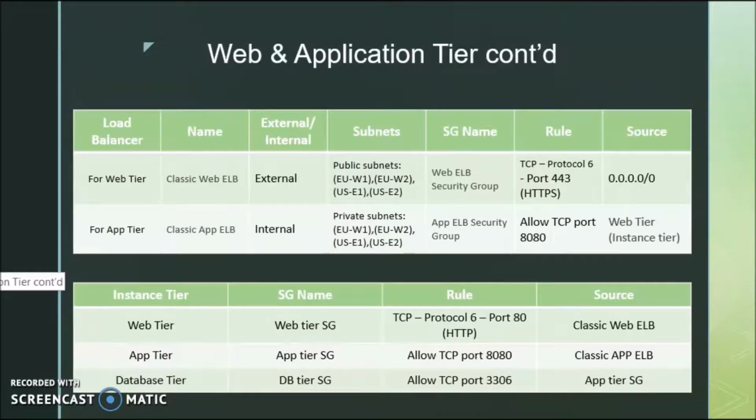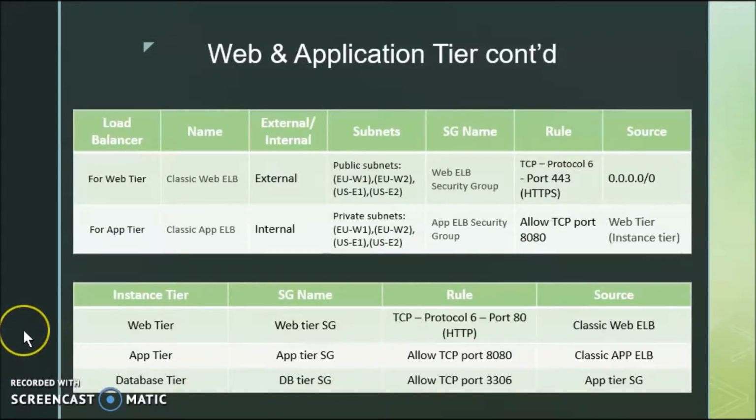the web and application tiers have their own elastic load balancers, because unlike this, the database tier does not. The web tier and app tier require answering the user's requests.